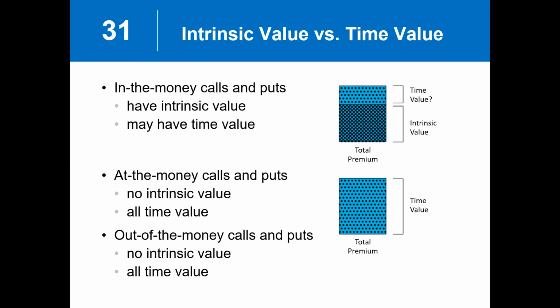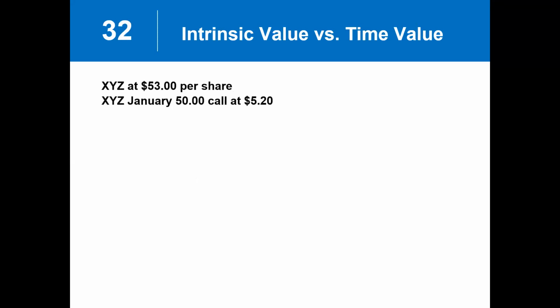Now, if expiration's tomorrow and the call or put is out of the money, there may actually not be any value to that, but those that have some time until expiration likely will have this time value component still left in them. So you've got intrinsic value and time value in each of your option prices.